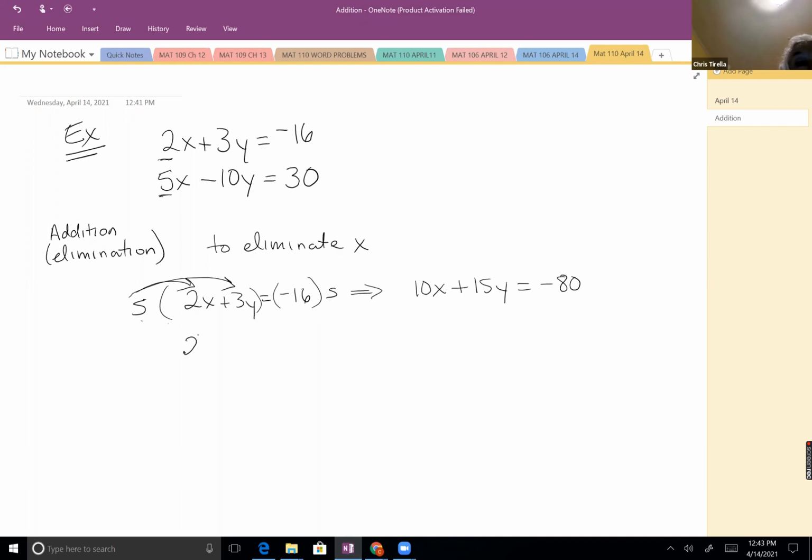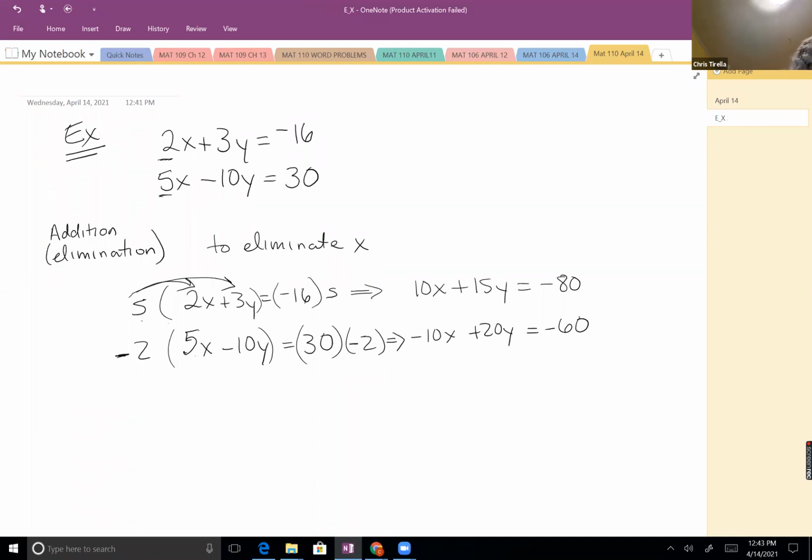Then my second equation is 5x minus 10y equals 30. If I multiply it by 2, this would give me 10x. I want them to be opposites, so I'll multiply by negative 2. That would give me negative 10x plus 20y equals negative 60.